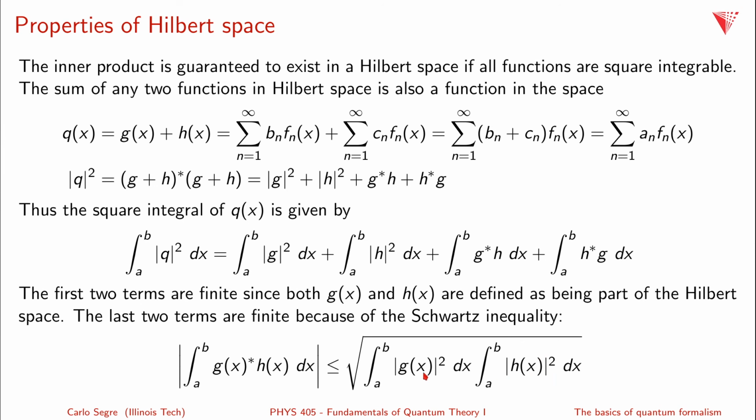And so because these two are bounded and finite, this must be finite because it's less than the square root of this product. And if this one is finite, then h star g is equivalently finite because it must also be less than the same product of the two square integrals. This Schwarz inequality is something that you can prove relatively straightforwardly.